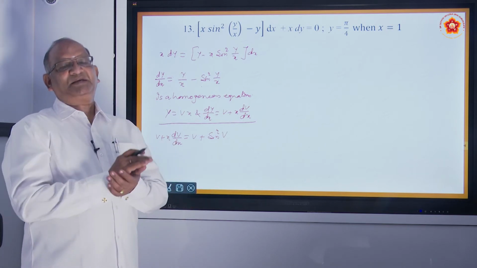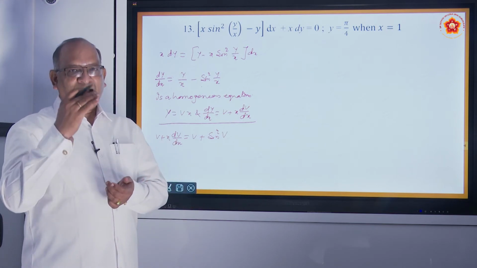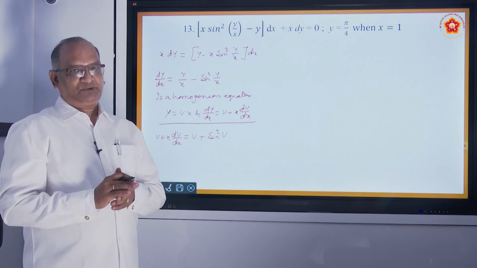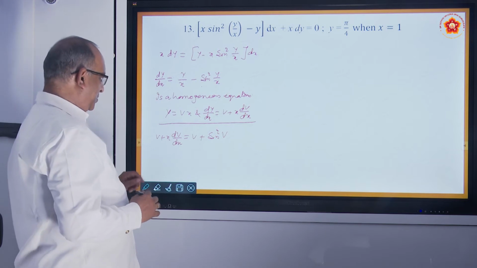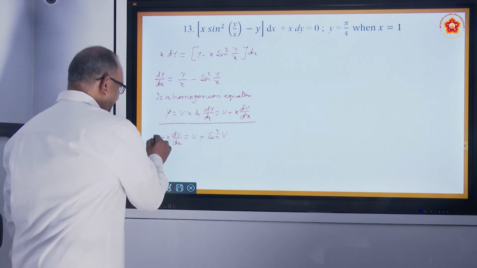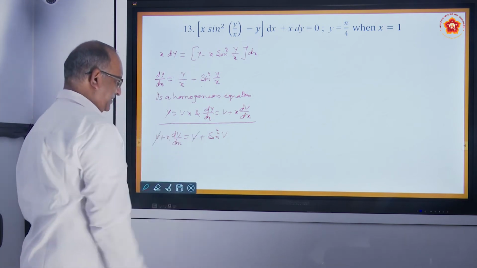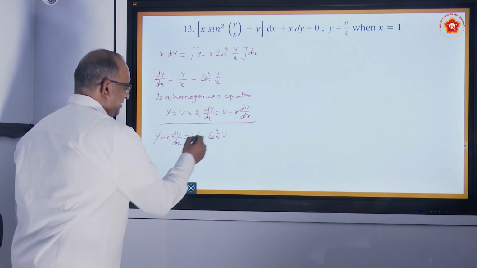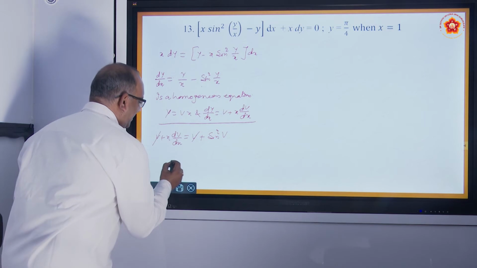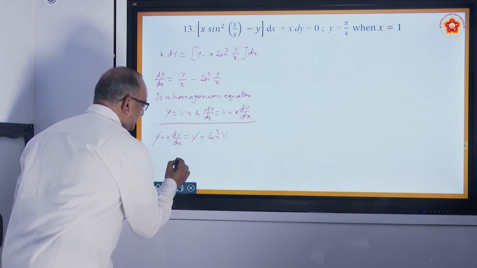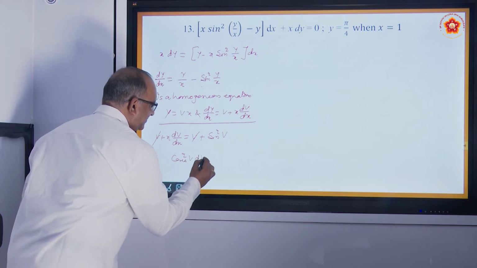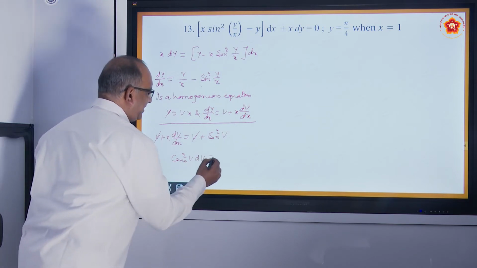Why do we make this substitution? After simplification of one or two steps, variables get separated. So, that is the objective. So, this V and this V can be cancelled and get sin square V this side. It will become 1 by sin square V, or in other terms you can write it as cosec square V dV equal to dx by x.